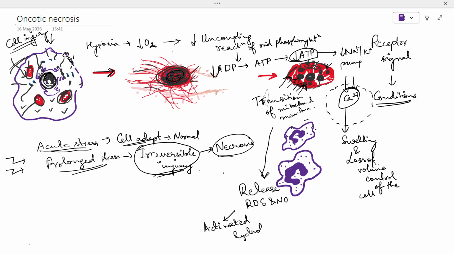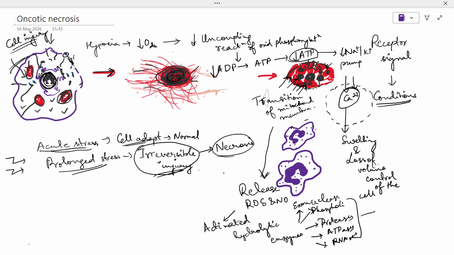hydrolytic enzymes like phospholipases, proteases, ATPases, RNases, and exonucleases.